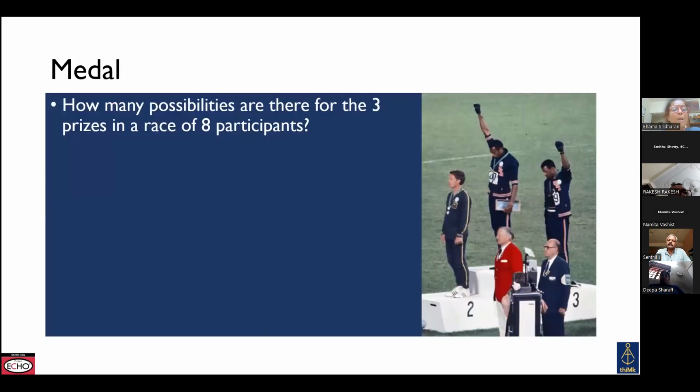The next is a famous one, the black salute, where two athletes in the 200-meter race, Smith and Carlos, the black Americans, and Peter Norman, the white Australian, took a stand.